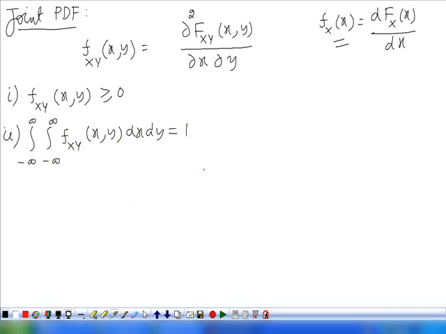We already know that in the one variable case, the area under this must be equivalent to 1. Now it is the volume under the joint PDF that must be equivalent to 1.